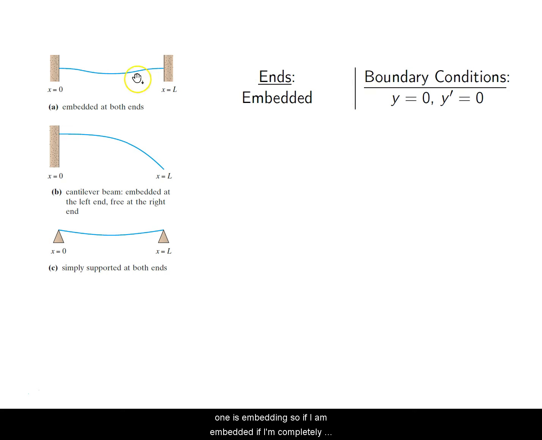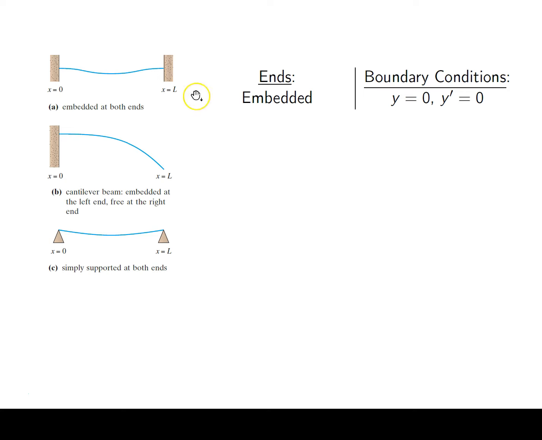First one is embedded. If I'm completely fixed at both ends, I have boundary conditions of y is 0 and y prime is 0. That means at the initial end, y is 0 and y prime is 0, and also at the terminal end, y is 0 and y prime is 0. So this applies to both ends.